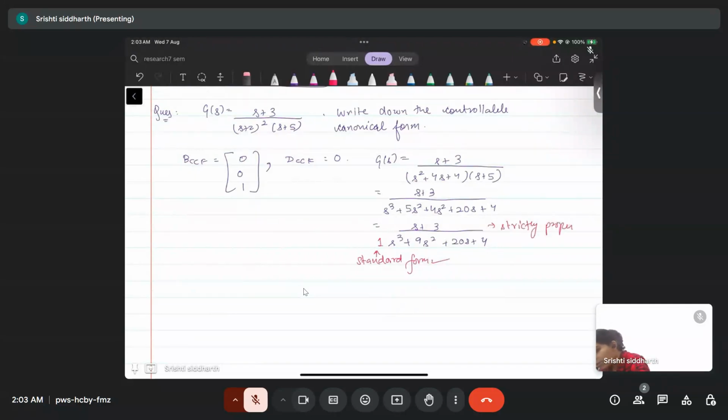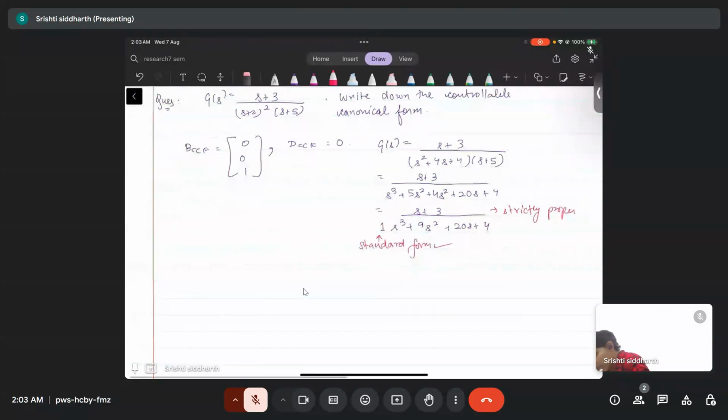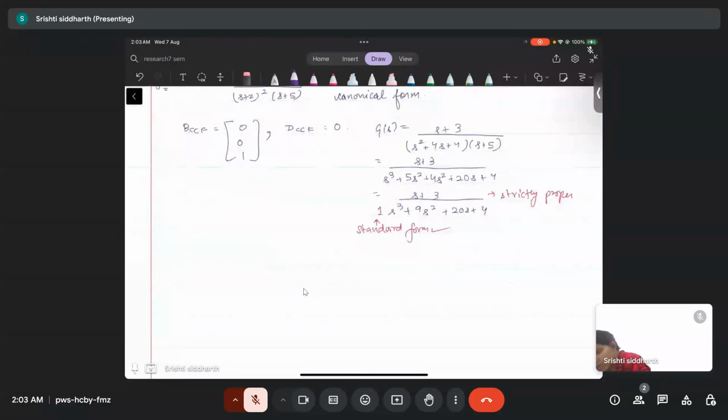Okay. So now we can write down what the matrix ACCF is going to look like. It's a third order system. The order of the denominator polynomial is 3. So 0, 1, 0, 0, 0, 1, then minus 4, minus 20, and minus 9. And now we have CCF.